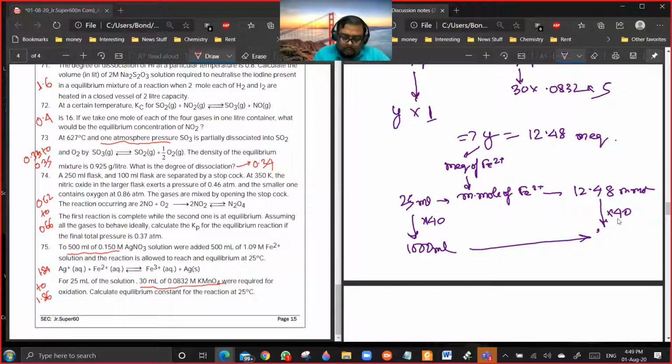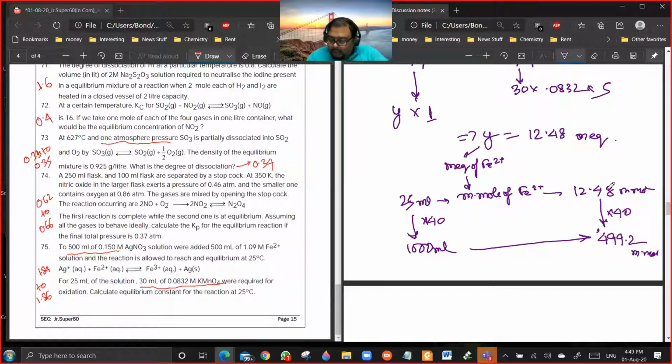So let us do that. 12.48 into 40 is almost 499.2 millimoles.